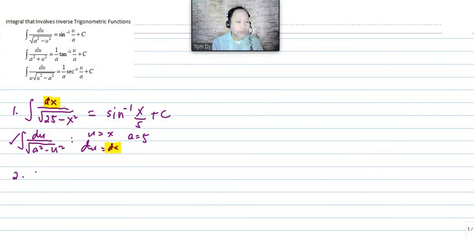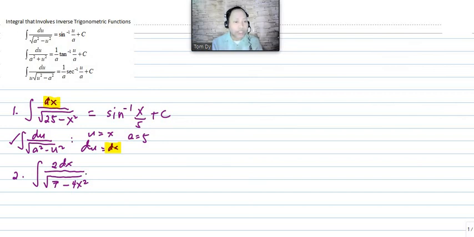Next example, we have this one: 2 dx all over the square root of 7 minus 4x squared. Okay, again, this one is similar to this formula.